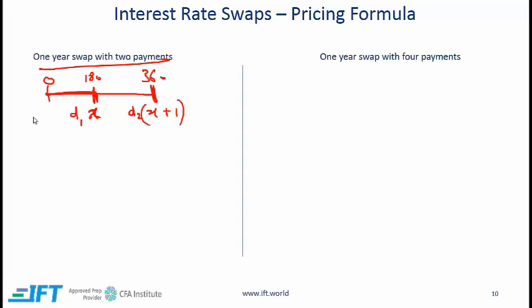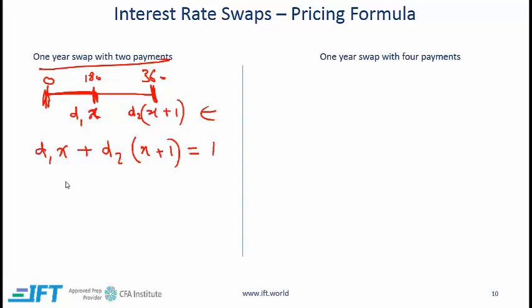So if this represents your fixed rate payments, then we can say the following, that the present value of these payments is D1x plus D2, the second discount factor, into x plus 1. This must be equal to the present value of the floating rate bond. And we've established that at time 0, the present value of the floating rate bond with a $1 principal is equal to 1.